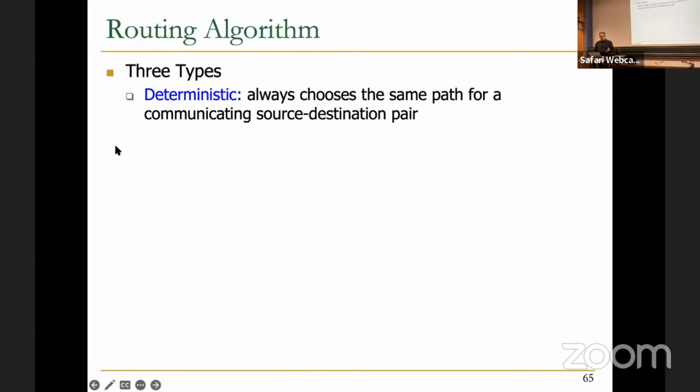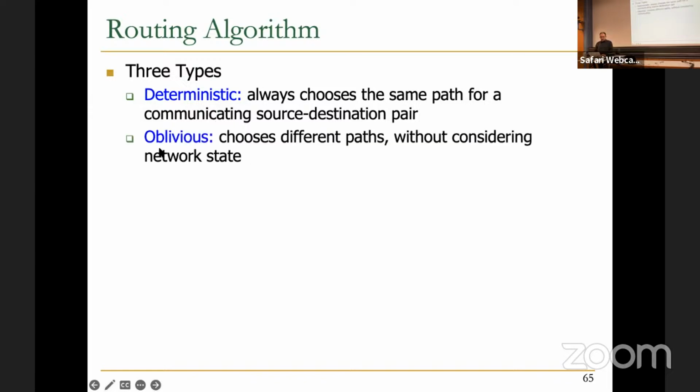But in general, you can also categorize routing algorithms into 3 types. Deterministic always chooses the same path for a communicating source and destination pair. So there is no adaptivity; there is always one path from one source to the destination. Another way, your routing can be oblivious. It chooses different paths without considering network state.